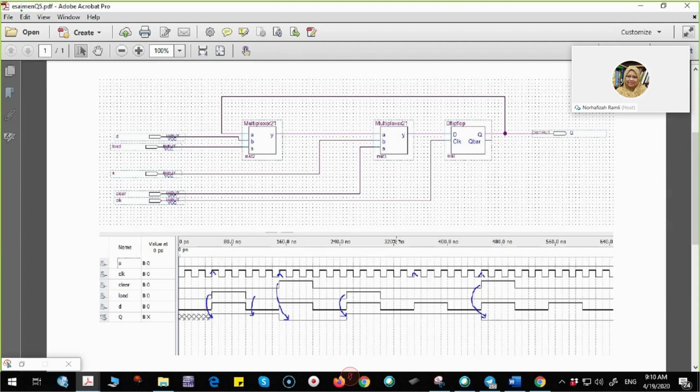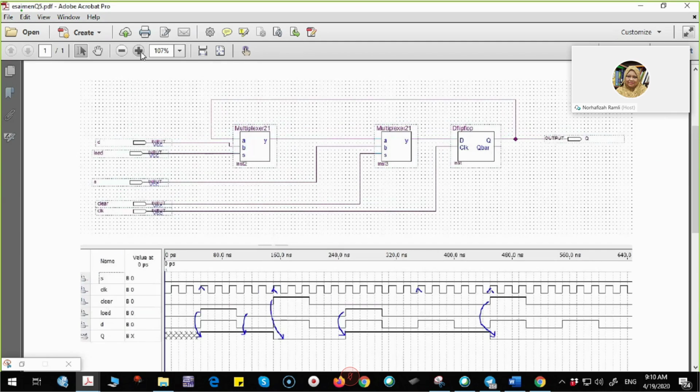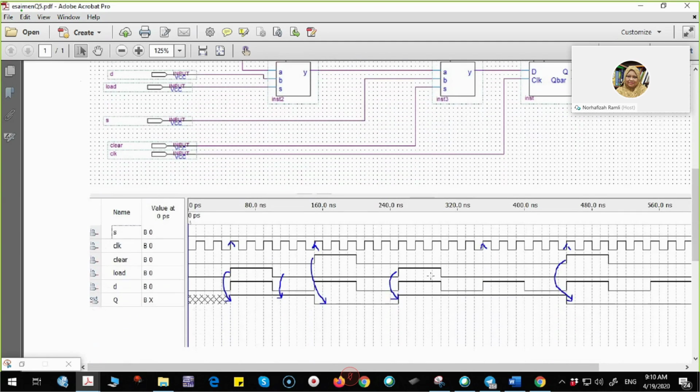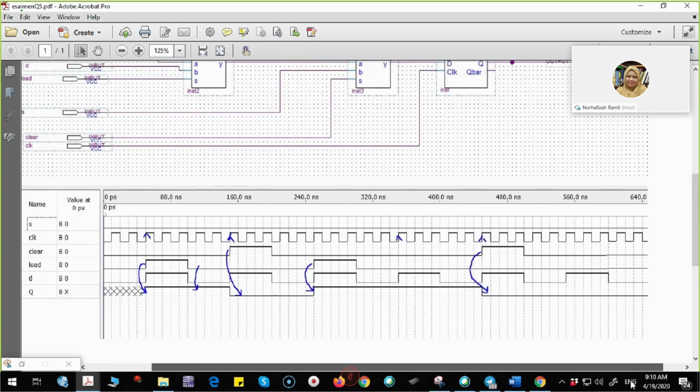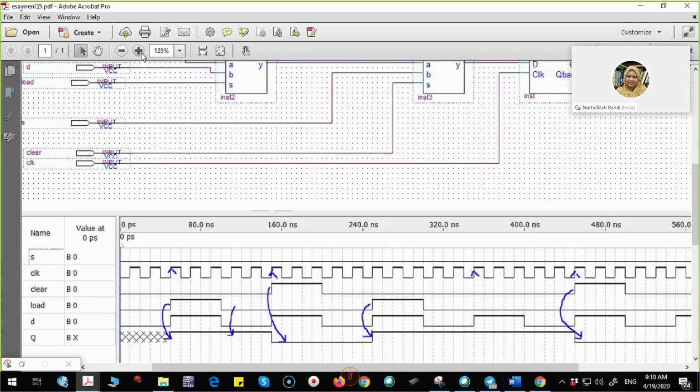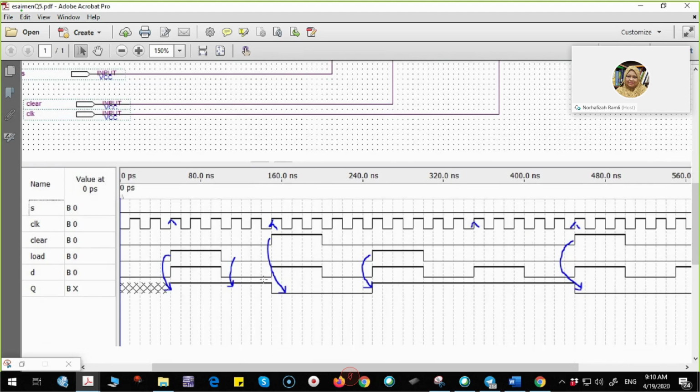So when your input, let me try to enlarge further. So when your load, there are too many clocks. You didn't change the grid size, eh? You should choose the grid size.